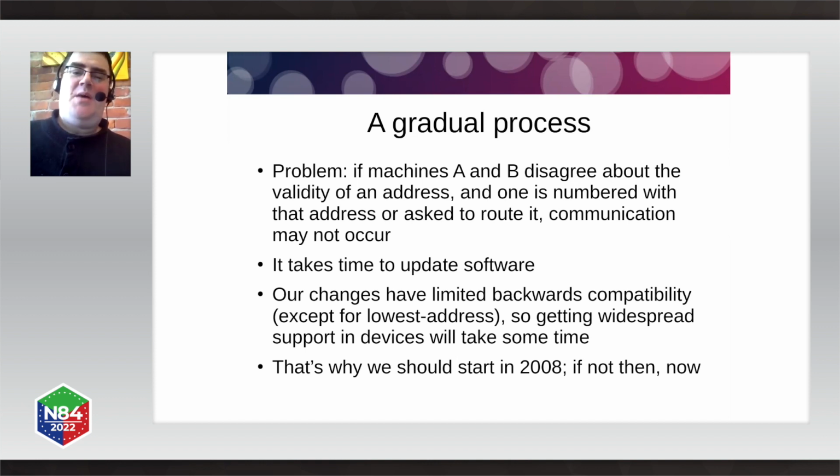And of course, it takes time to update software, and people have started the discussion to some extent of how much time it will take to get significant software updates rolled out to define the addresses that we're talking about as valid and usable.